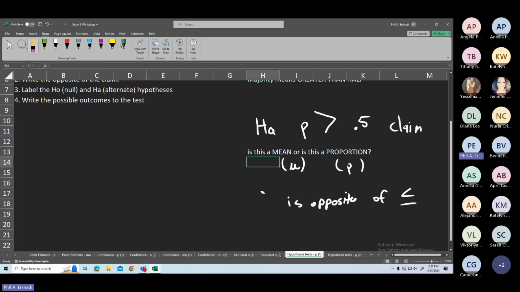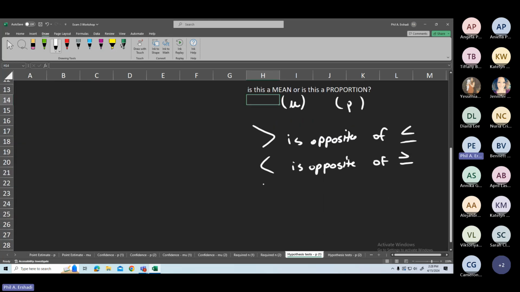This was meant to be greater than. I wrote this backwards. Let me fix that. And then less than is the opposite of greater or equal. And then not equal is the opposite of equal.